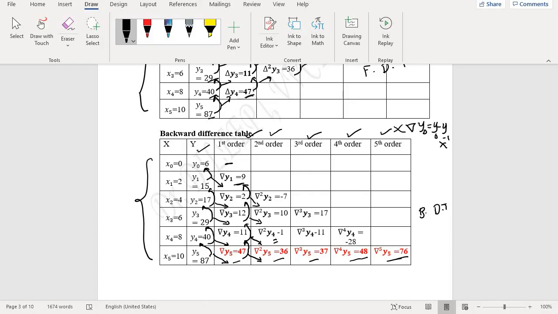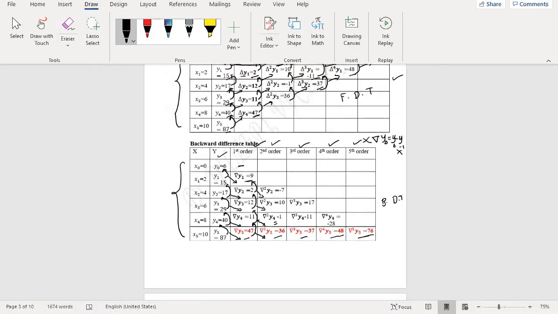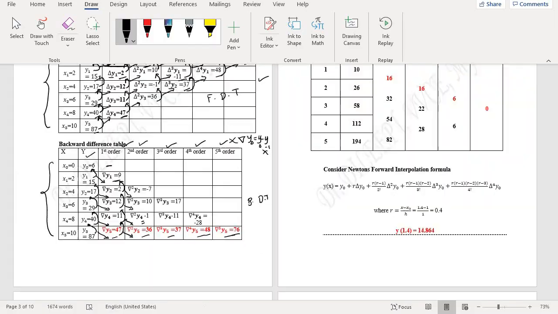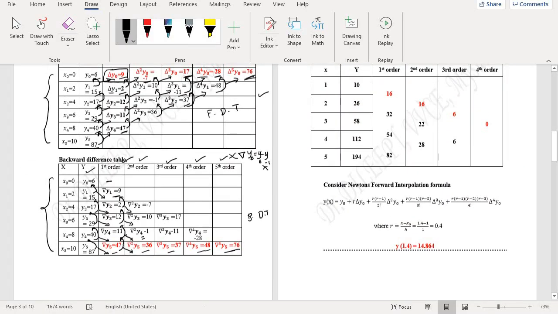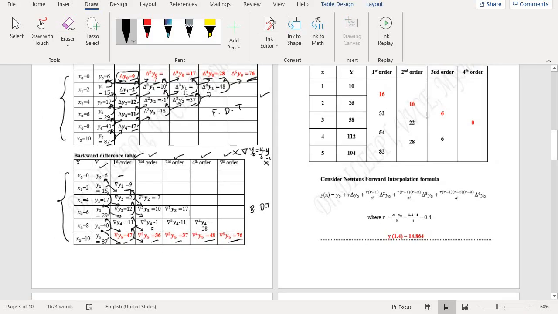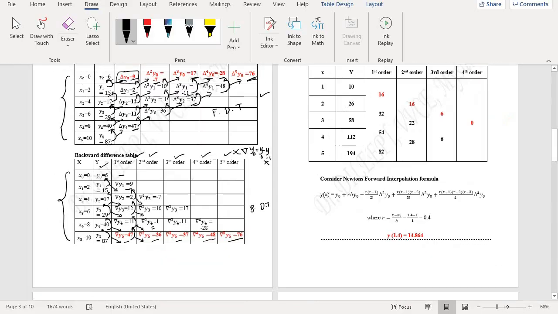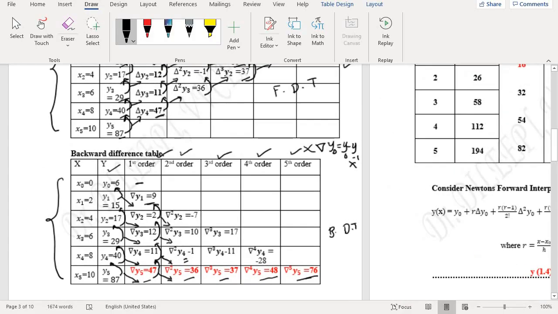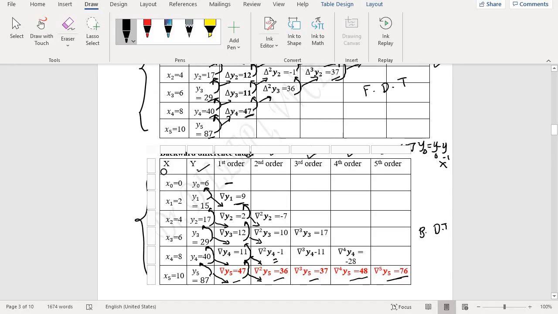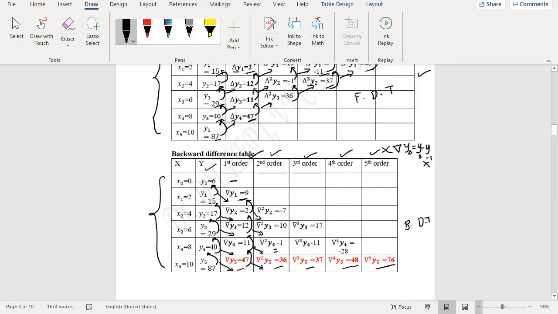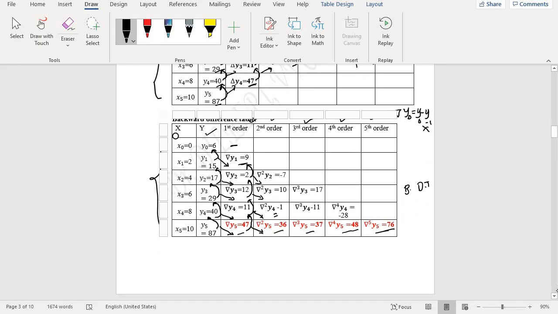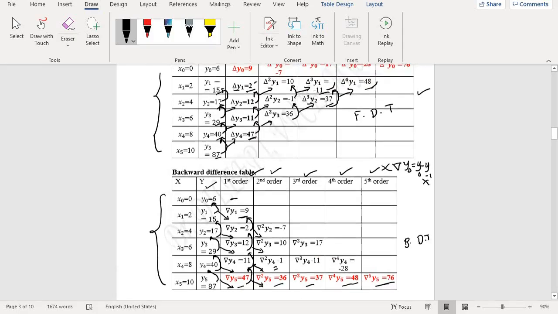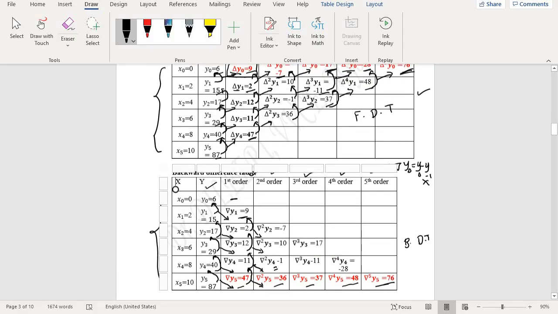Now observe both the tables. Observe both the tables here, the forward and backward tables. Observe the values 9, 9, 2.